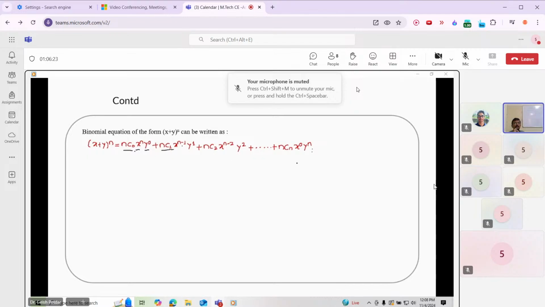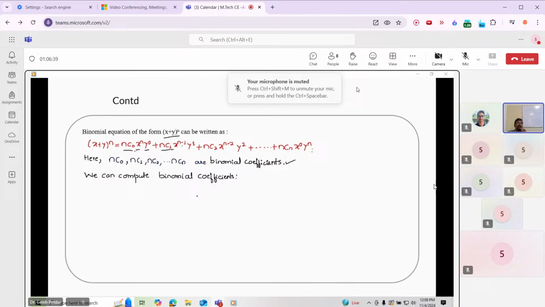So this is how we can expand a binomial equation of the form (x plus y) raised to n. Here nC0, nC1, nC2, up to nCn are all binomial coefficients.